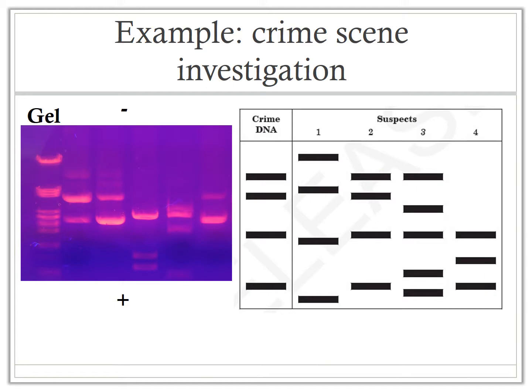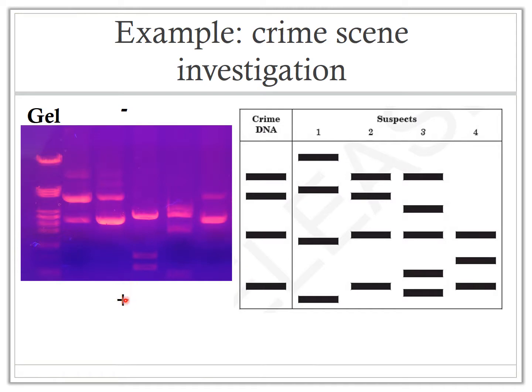So this is an example of the gel itself. It's kind of glowing because of the different inks that are put in here. But this is an example of a gel, and each of these lines is a different DNA sample.